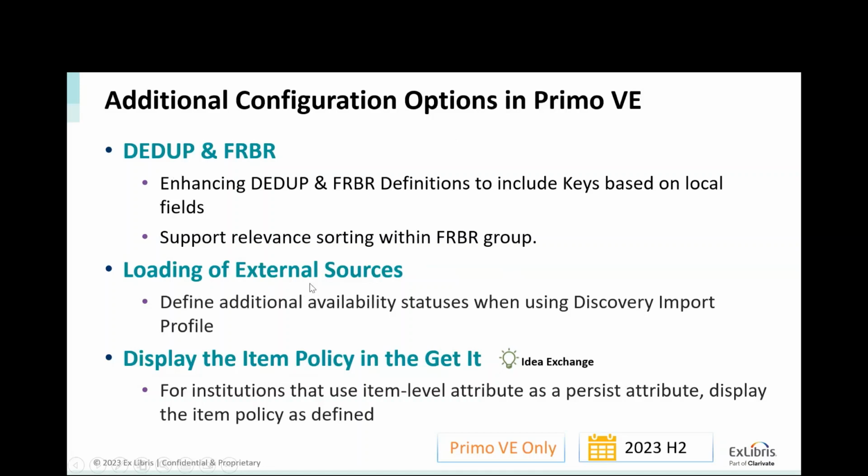An additional one is, when loading external sources, we will work on a design to help you define additional available statuses for external data that is loaded through the discovery import profile. And there is this top idea, the display item policy in Get It, that we also want to implement. We would like to give you a configuration to add the item policy to the brief item display.